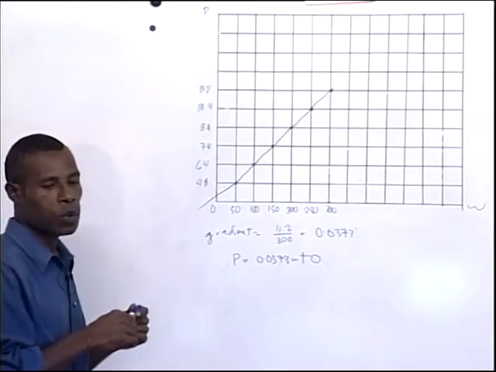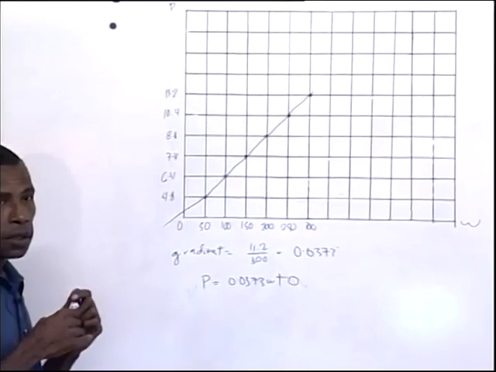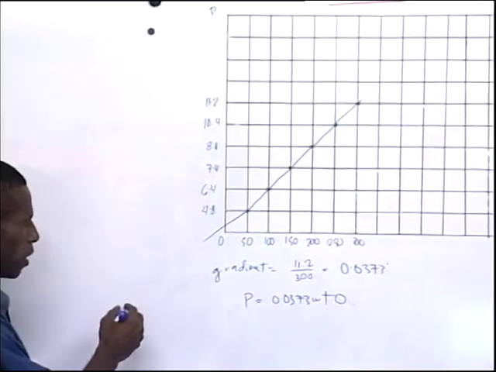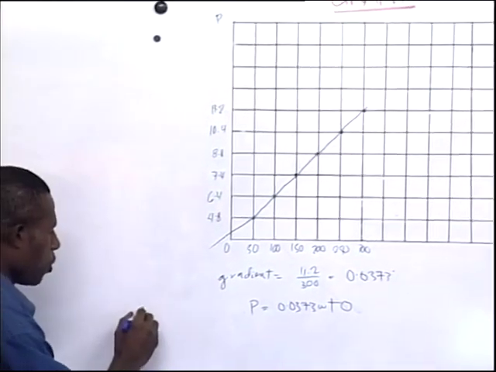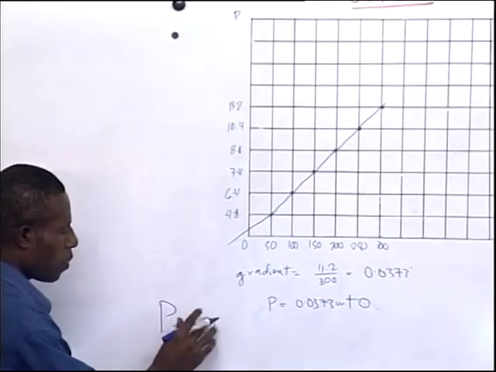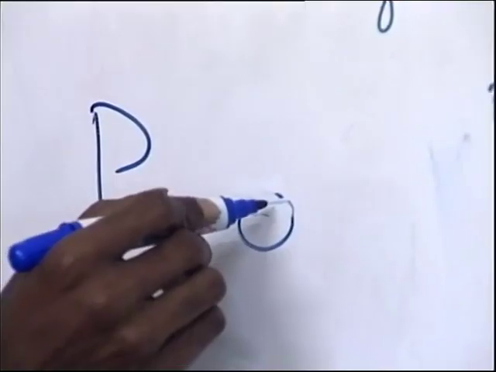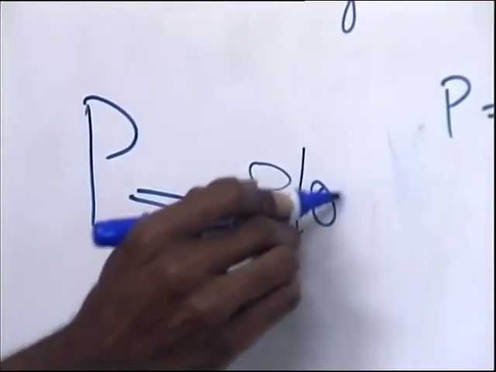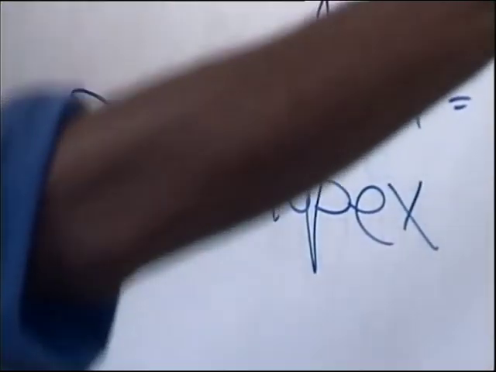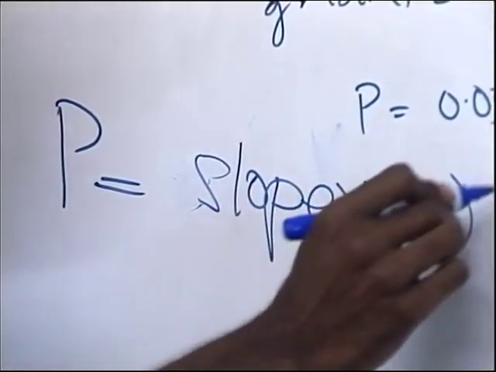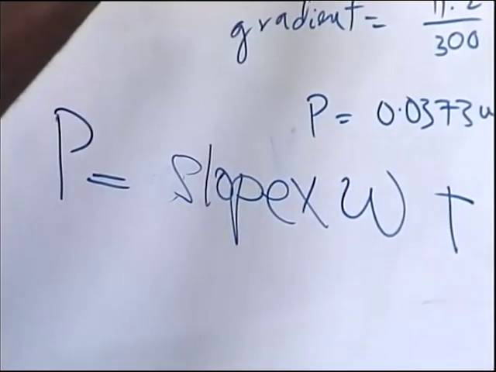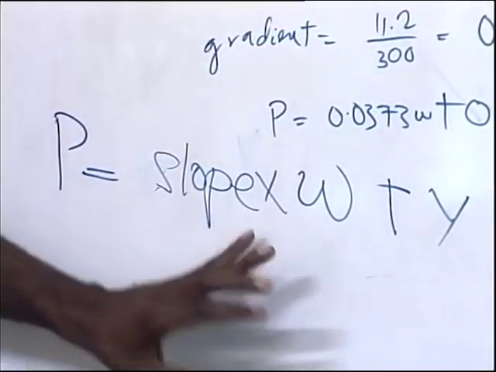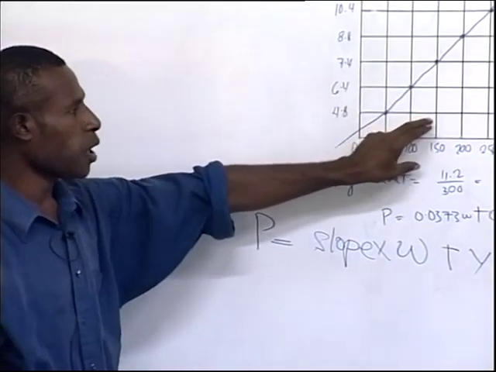In our last lessons, you learned how to come up with the equation for the graph. In this case, you can use P equals the gradient, calculated from the slope, times this variable, plus the y-intercept. So that is how you can come up with the equation for this after you have plotted the graph.